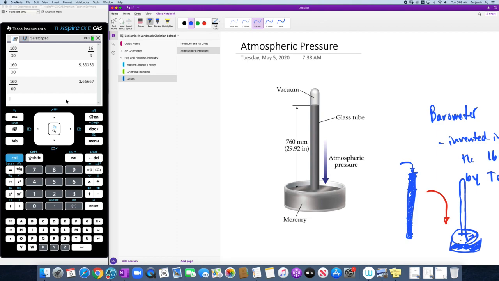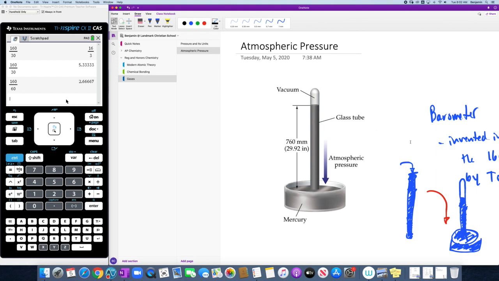And what's interesting is some of the mercury drains out, but then it stops. If you try this with water, if you fill a tube like this with water and flip it upside down, you'll find that the water doesn't drain out at all. It's kind of interesting.